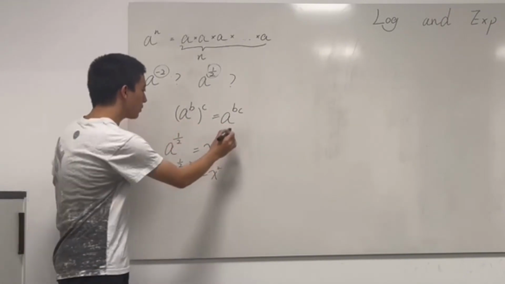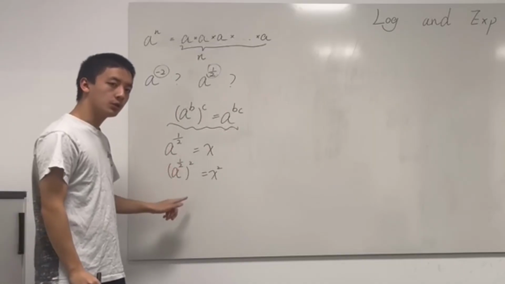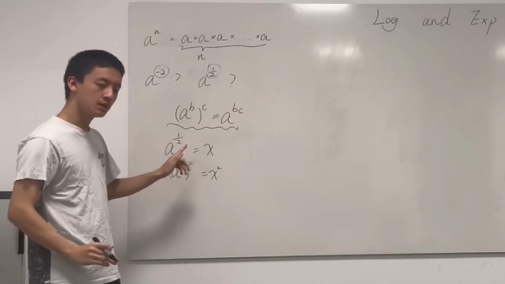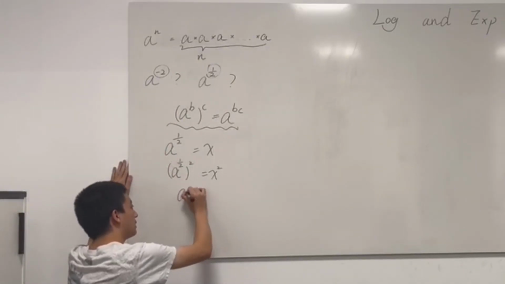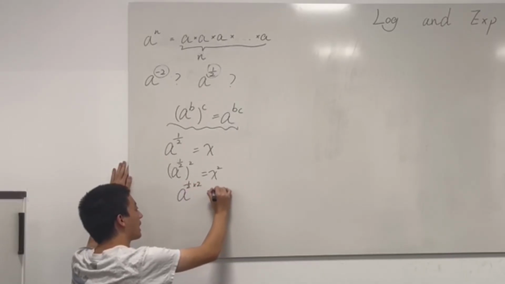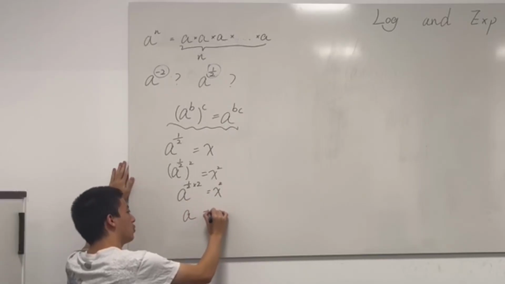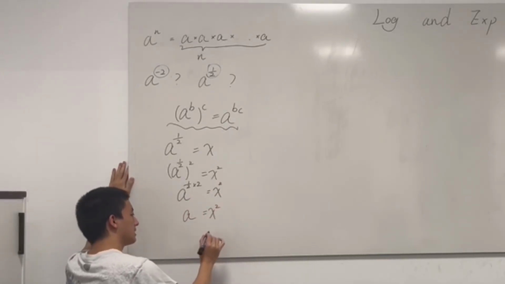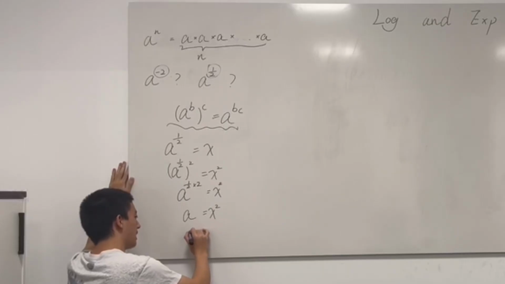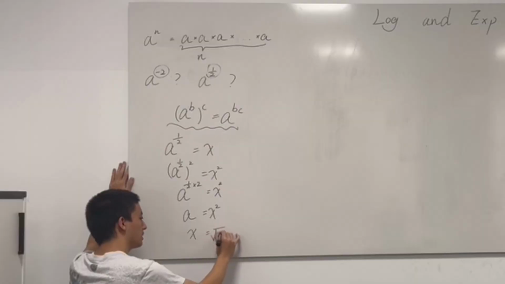Use this formula: a to the power of 1 over 2 then to the power of 2 is equal to a to the power of 1 over 2 times 2, which is equal to x squared. So a is equal to x squared. Therefore, x is equal to square root a.